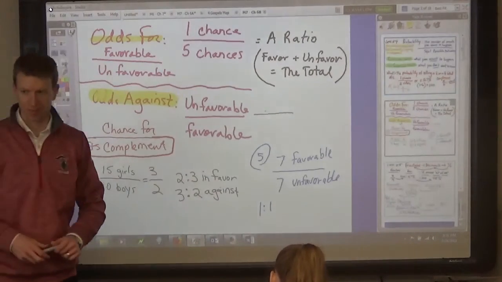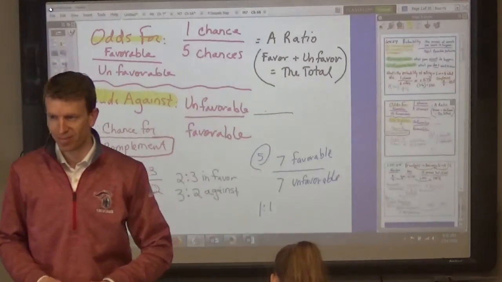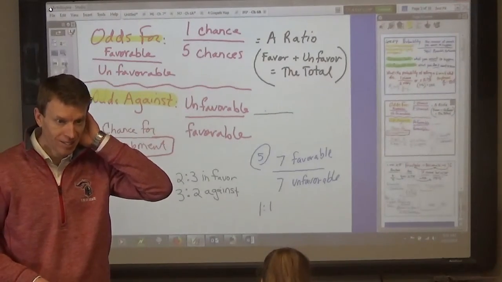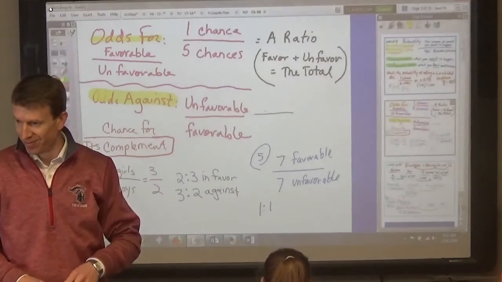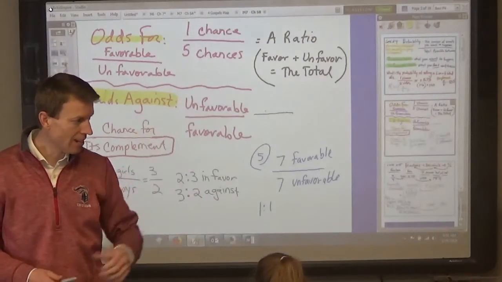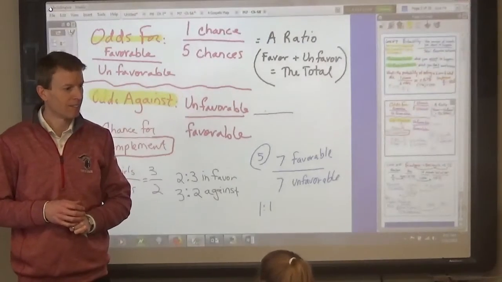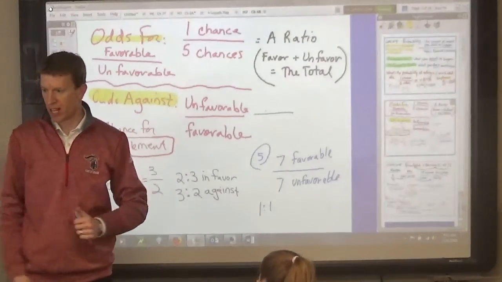Well, everything's possible. What do you think? What is the percent of an impossible event? 0, exactly. And the odds of a certain event? 100%. Yep.